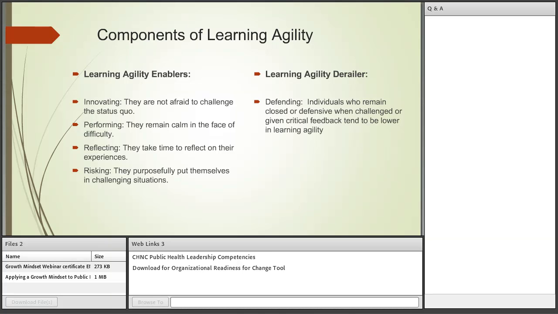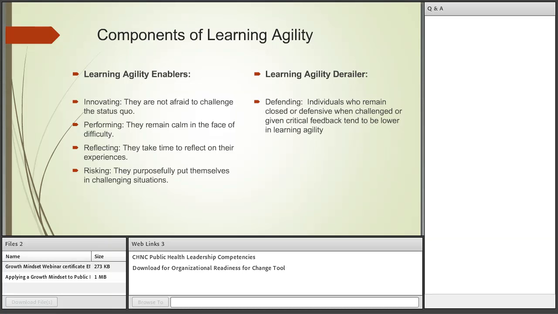So, learning agility enablers. Innovating is an enabler. As I've mentioned earlier, innovating looks like questioning the status quo and challenging long-held assumptions with the goal to discover new and unique ways of doing things. It's not just to bug someone or talk about things and cause issues, but actually to look at a new way of doing things.